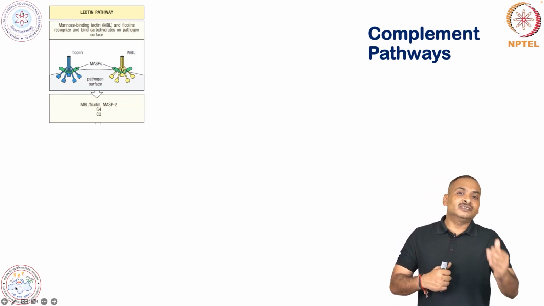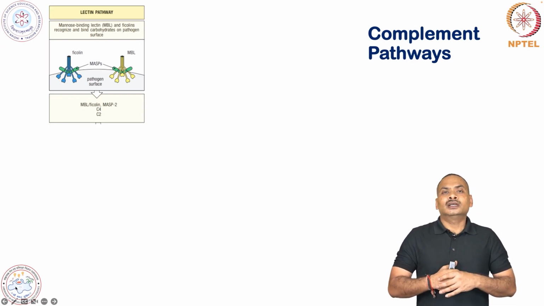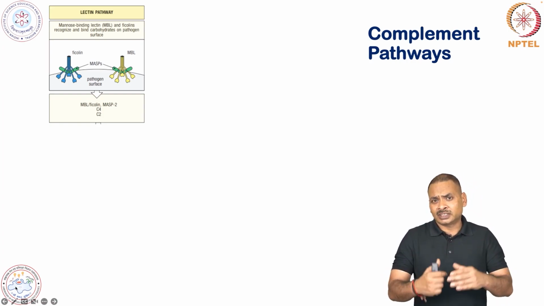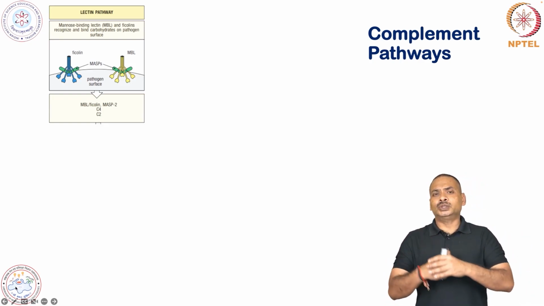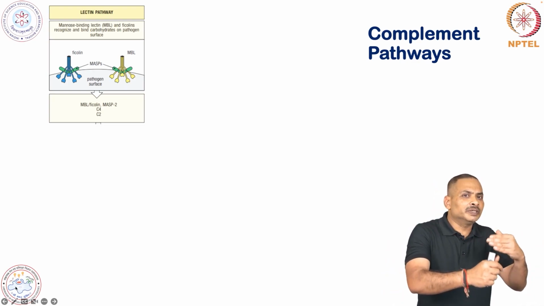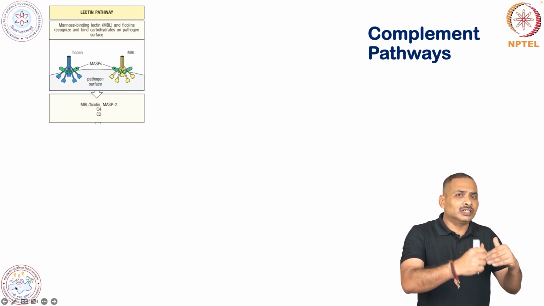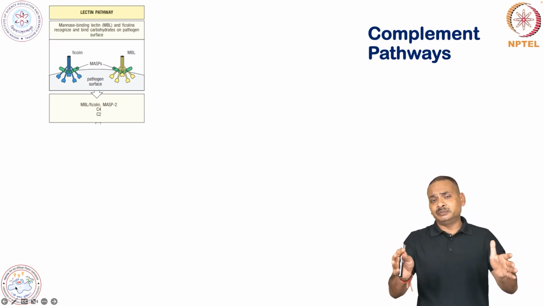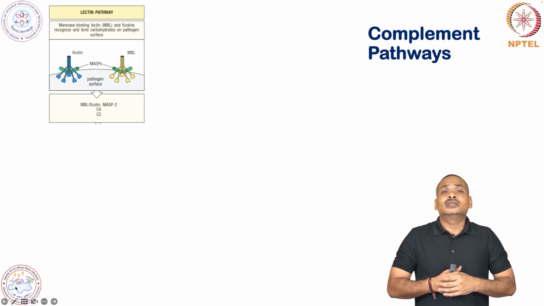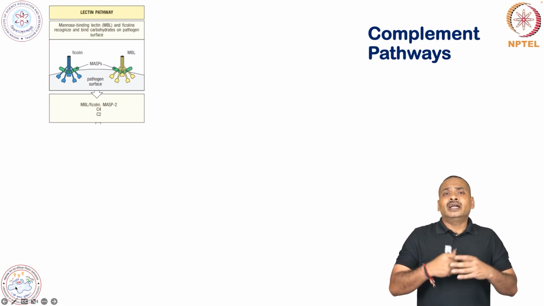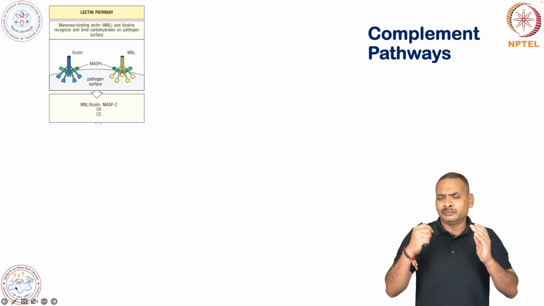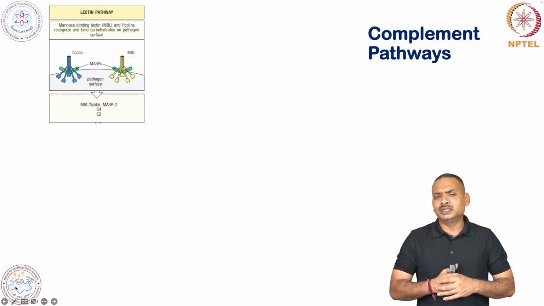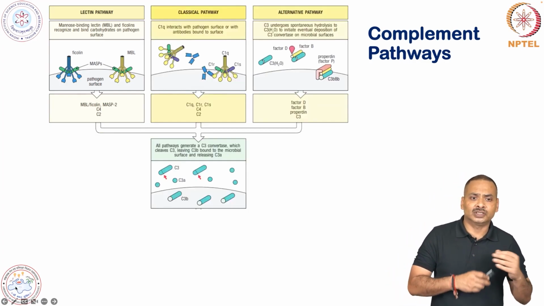It will cleave C3, and this cleaved C3 will generate C3a and C3b. C3a is a kind of anaphylatoxin which induces inflammation, and C3b is deposited over the target cells. Once it is deposited, the most important thing that happens is the formation of the membrane attack complex, which you will see in a subsequent slide.